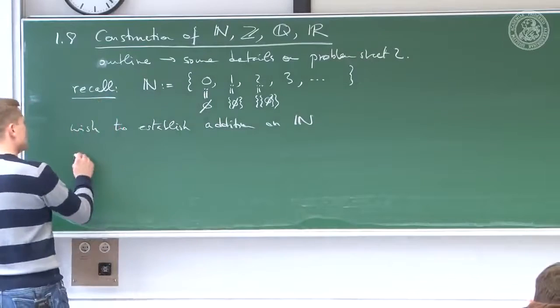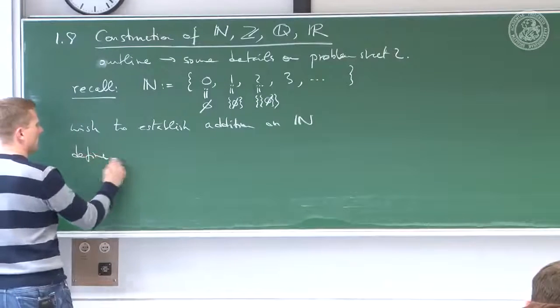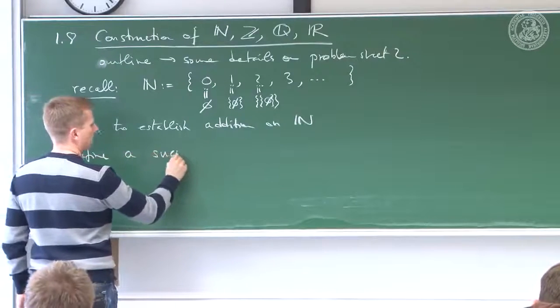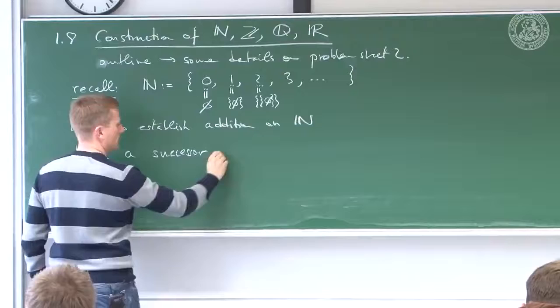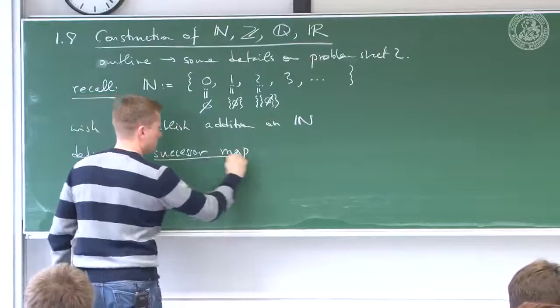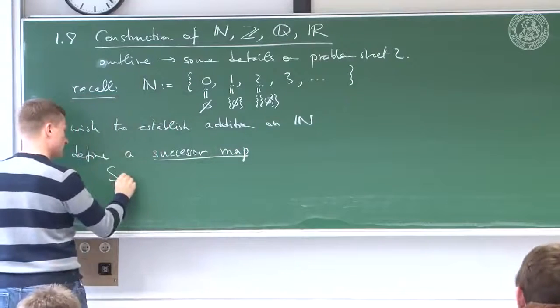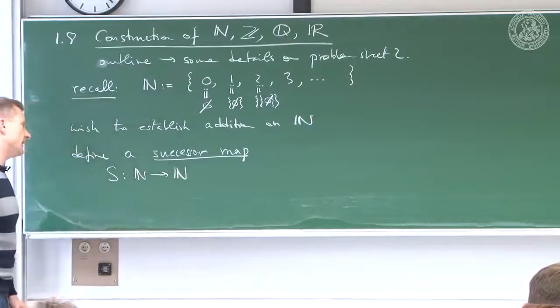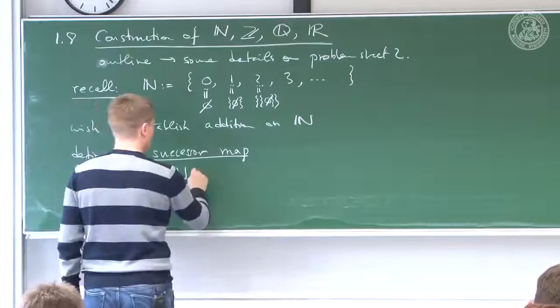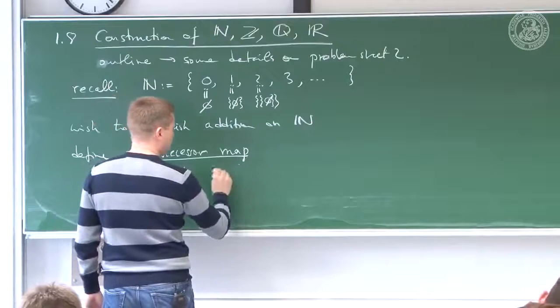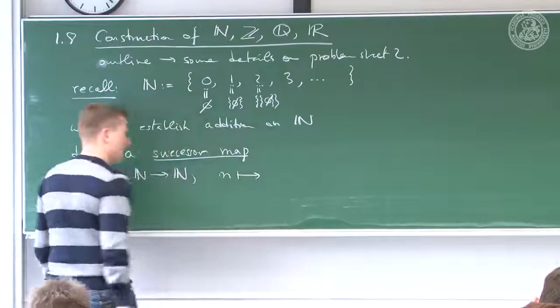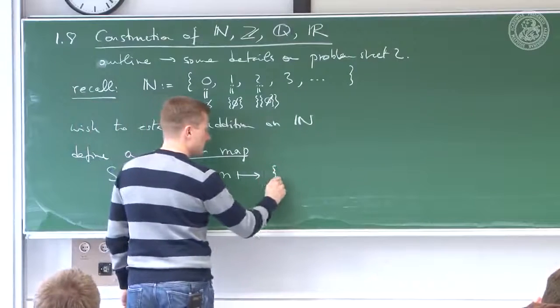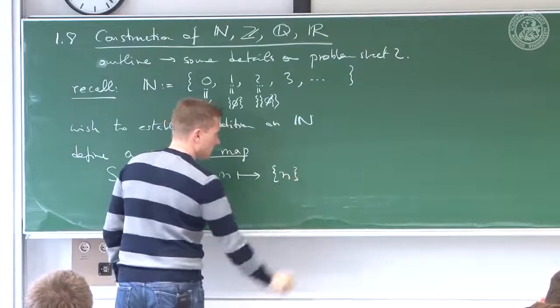And the idea is to define a successor map. That's a map S that takes an element of N to an element of N. And it's defined by taking the element n of N to the set with the element n.